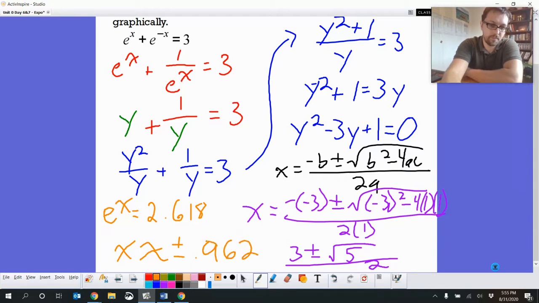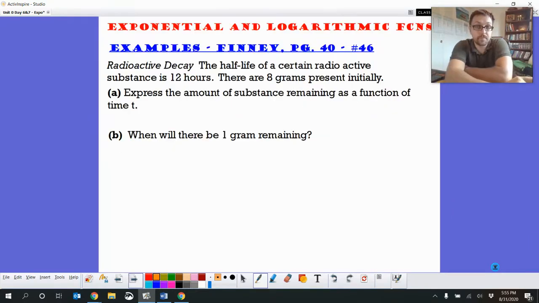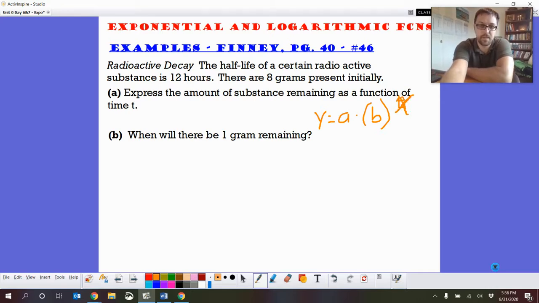Sweet. So radioactive decay, let's do a little bit of a word problem. So we want to use our growth rate again for this equation. So y equals our initial value a times our growth rate, which is b, and then we got our time, t, or x. Okay.